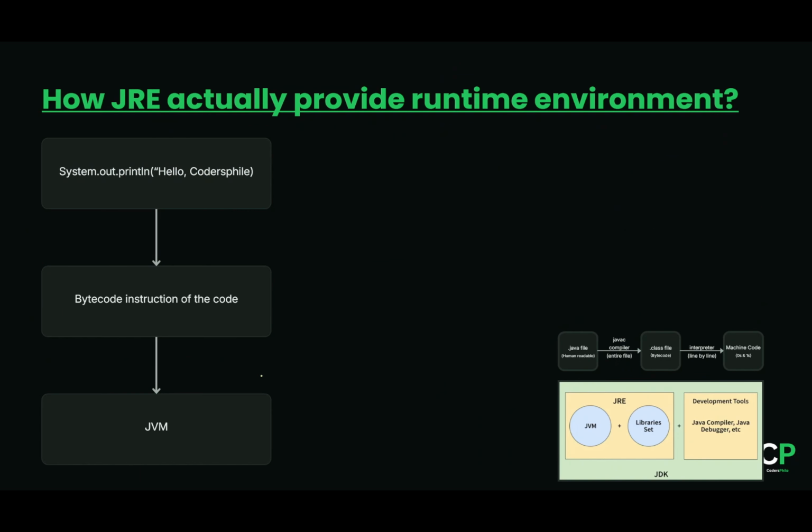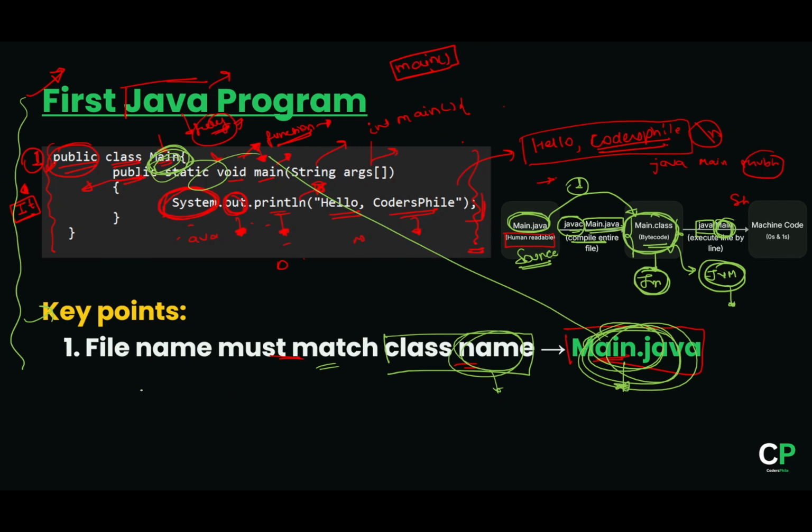Now let's see the role of the JDK and JRE in our first Java program. So we can see from here that this javac is provided by our JDK, that is the development tool.